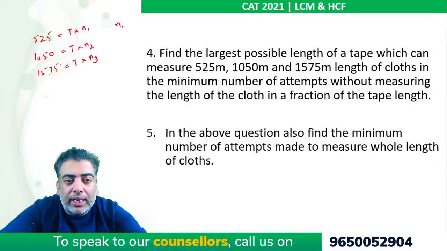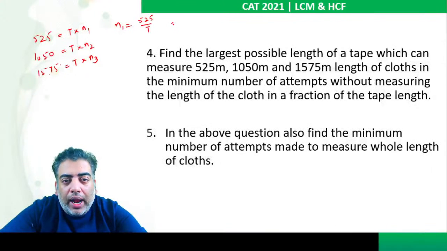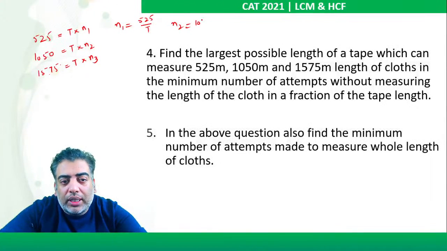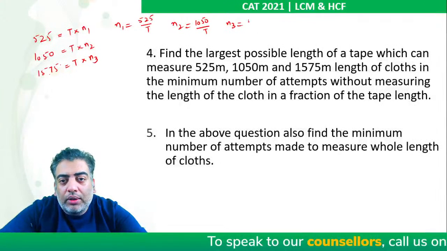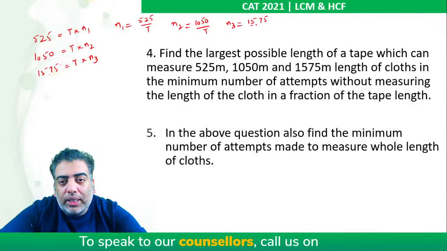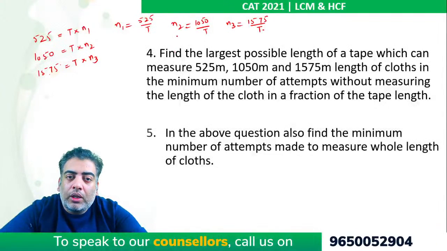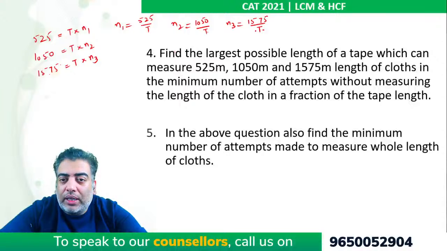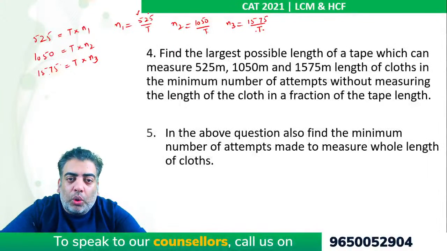So can I say N1 is equivalent to 525 upon T, N2 is equivalent to 1050 upon T, and N3 is equivalent to 1575 upon T. So the largest possible value of T will be such which divides all the three numbers.